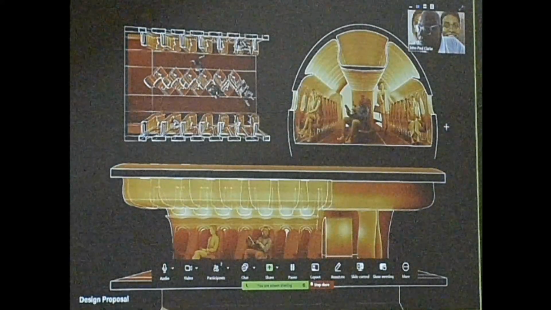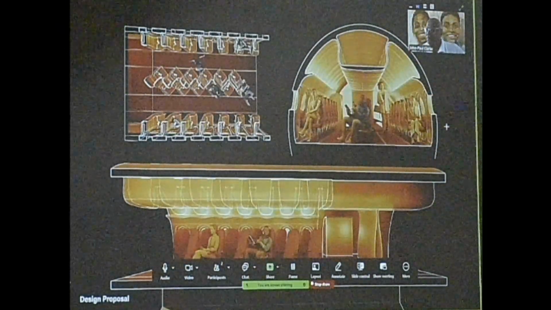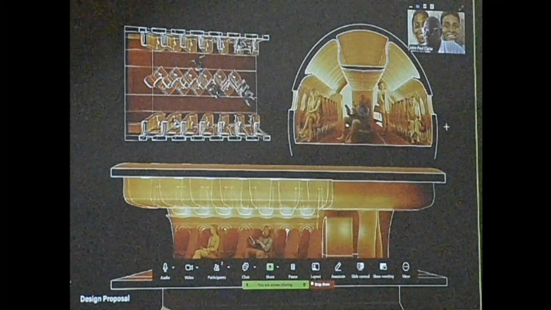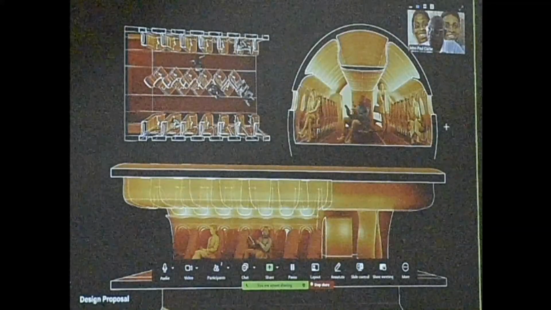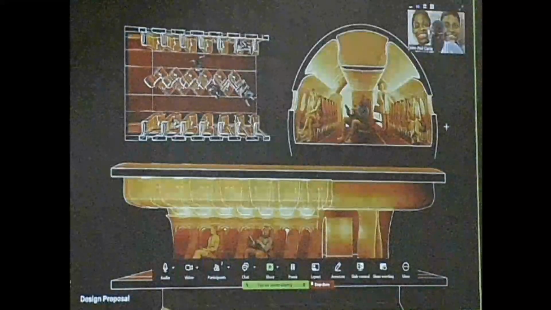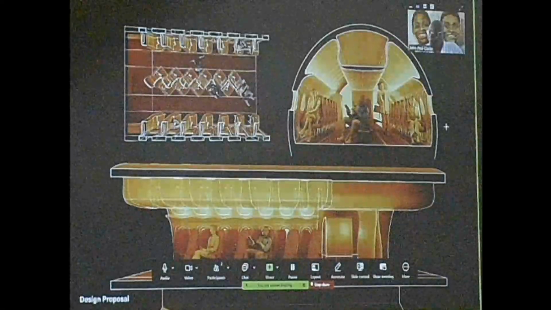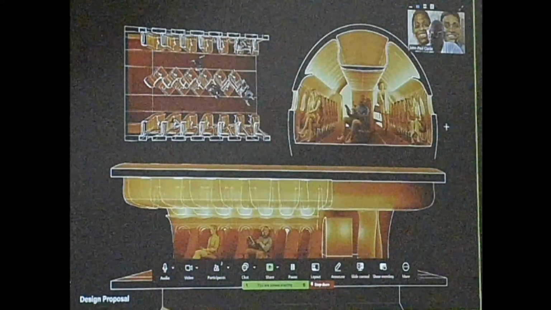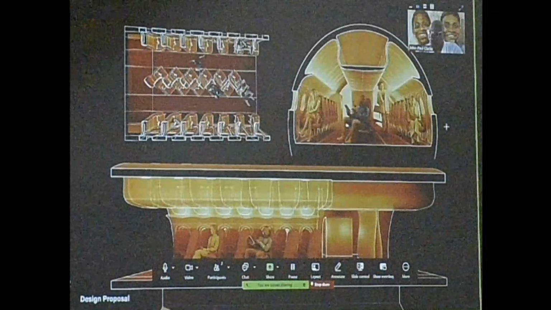Also, thinking about the two aisles, increasing the flow throughout the cabin and the amount of circulation needed. There was a very clear sense of circulation on each side, which allowed people to board faster.